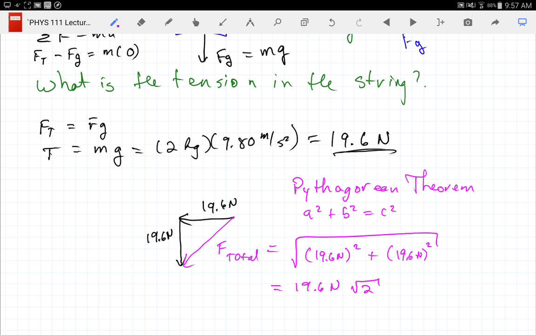So on this slide, besides just having a clicker question, I did a fair amount of work dealing with a new force. What's that new force? Tension. And what does tension actually do?